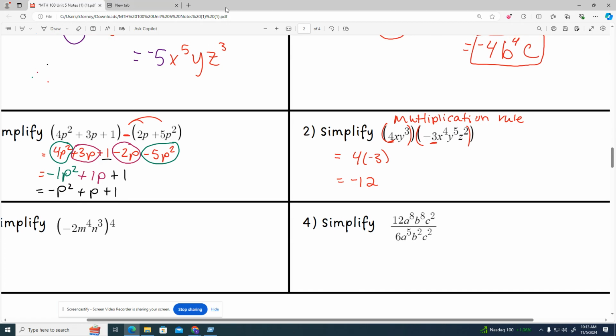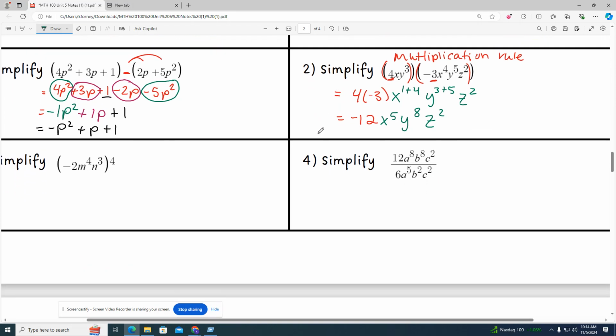So x becomes 1 plus 4. Y becomes 3 plus 5. And then the z doesn't have anything, so it just comes down. Okay?